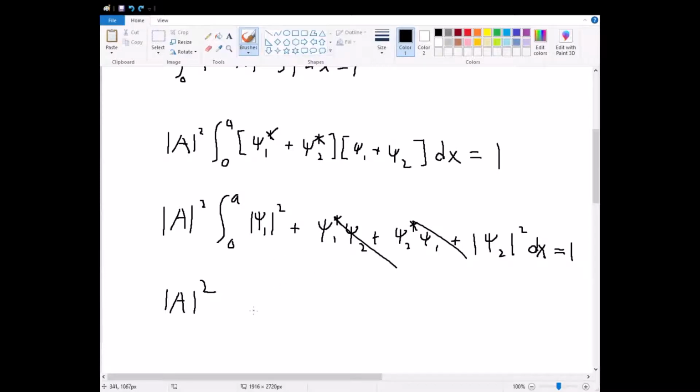Combined, this concept is called orthonormality, where the integral over all of space of a psi function multiplied by another psi function is either equal to 1 or 0. It's 1 if the n values are equal, so 1 and 1 for the first term and 2 and 2 for the second term, or it equals 0 when the n values don't match, such as 1 and 2 or 2 and 1. So we now have A squared times (1 plus 0 plus 0 plus 1), which is just 2, and this has to equal 1. So we move everything over to one side, and now A is equal to 1 over the square root of 2.